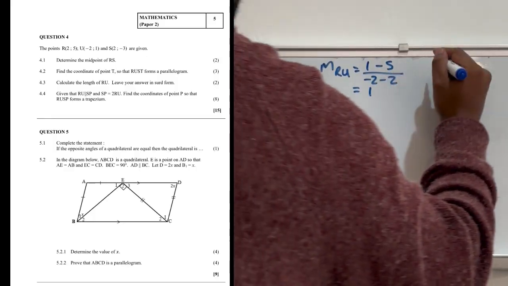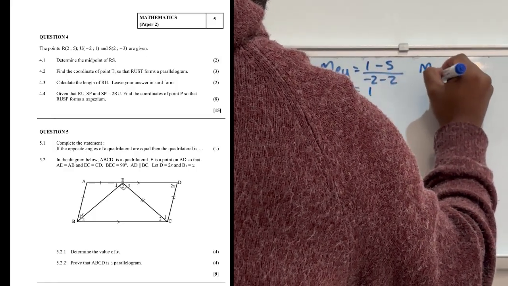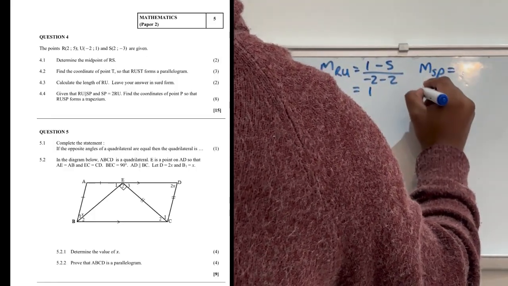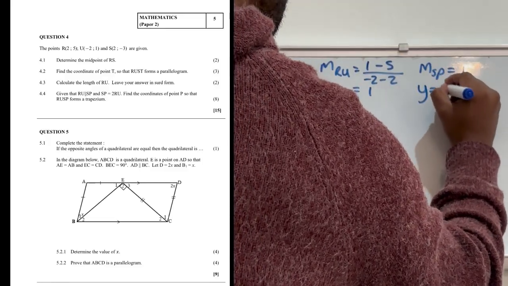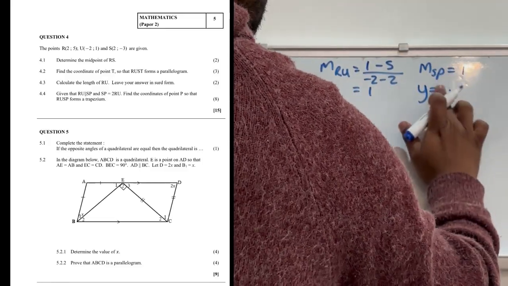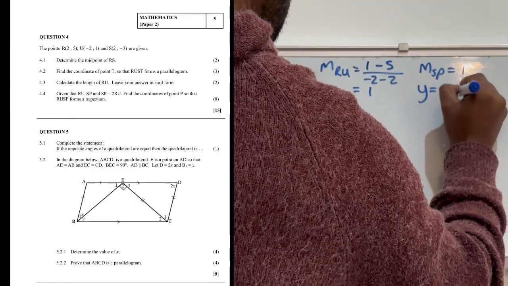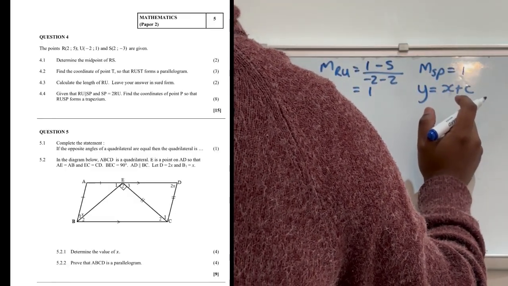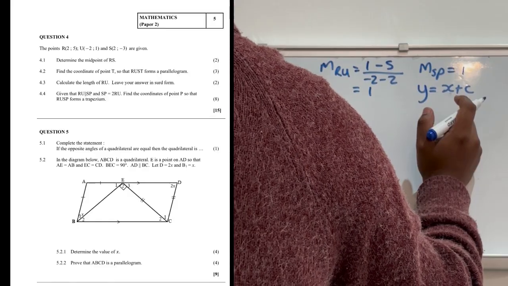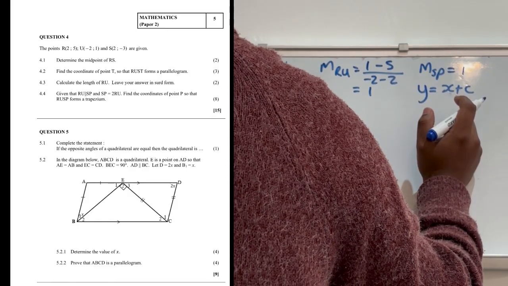So it means that the gradient of SP is also 1. So if we work out the formula for this, we can just say that y is x plus c, and we can substitute a point in to get the SP formula.